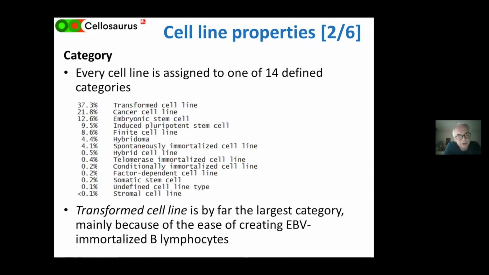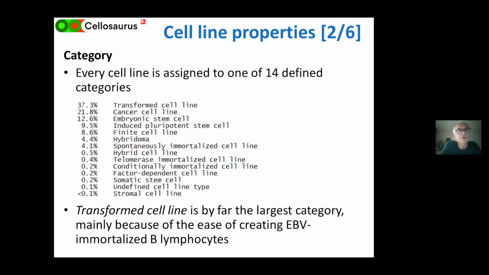As I said here, transformed cell line is by far the largest category, mainly because of the ease of creating EBV immortalized B lymphocytes. People can very quickly take cells from the peripheral blood of an individual, use Epstein-Barr virus to create an immortalized cell line, and that works quite well.